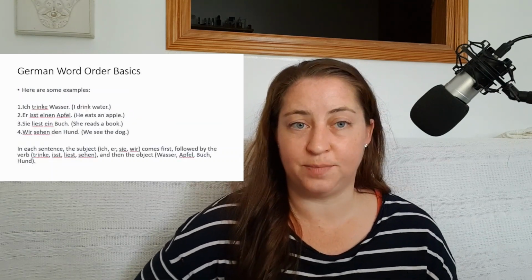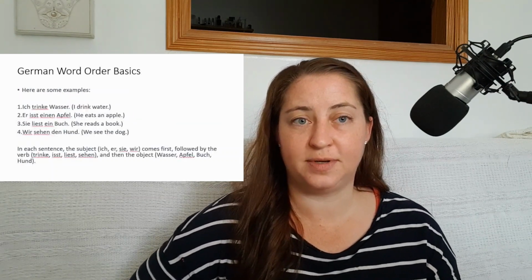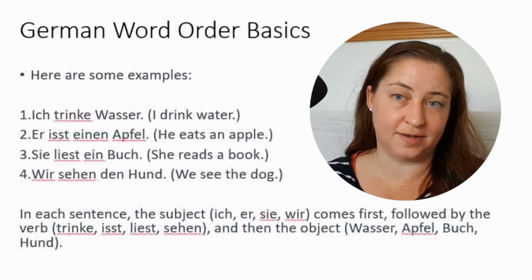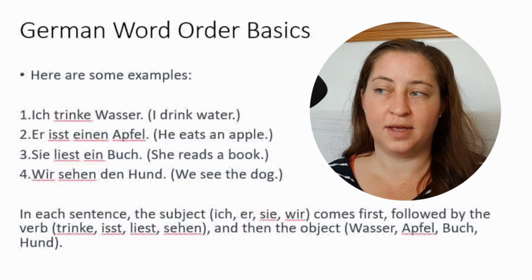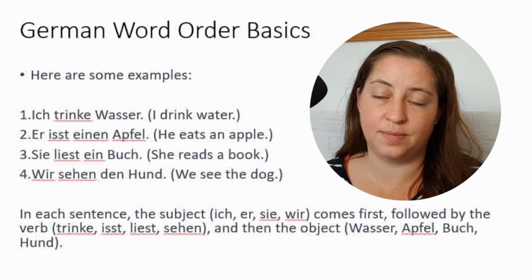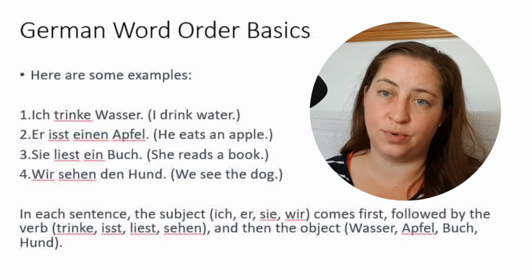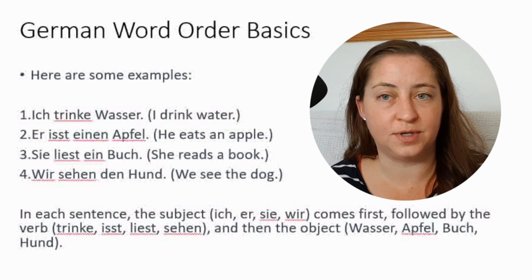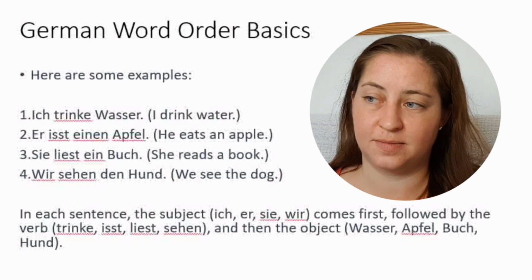Let's look at a few example sentences with the simple subject-verb-object format. Ich trinke Wasser. I drink water. Er isst einen Apfel. He eats an apple. Sie liest ein Buch. She reads a book. Wir sehen den Hund. We see the dog.